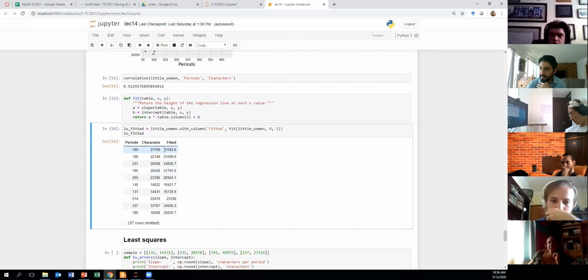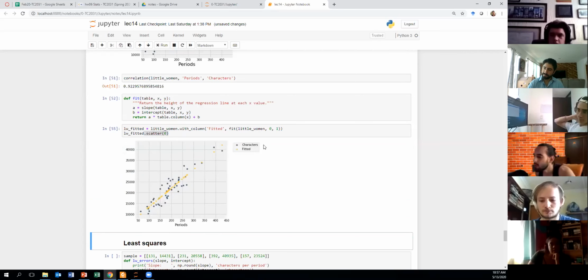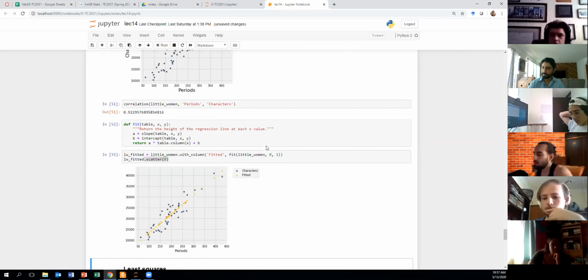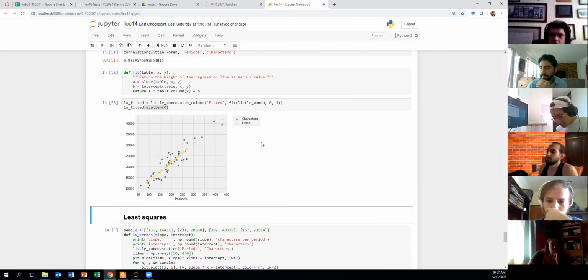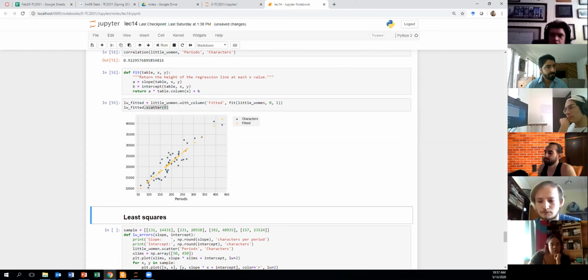Now I predict this value for my number of characters, considering the number of periods that I have. So if I scatter plot this, we get this. Are there any questions? This is again the same regression line using the equation that I just showed you.